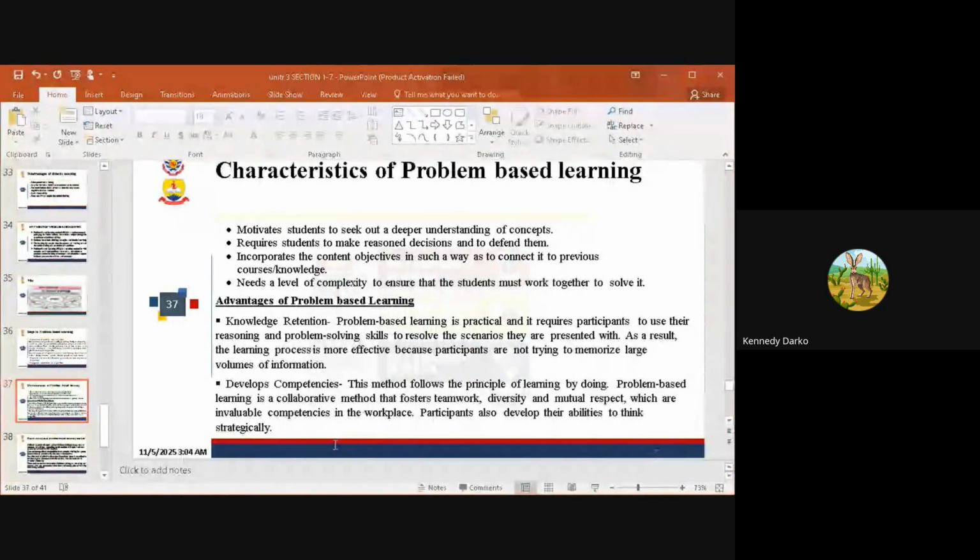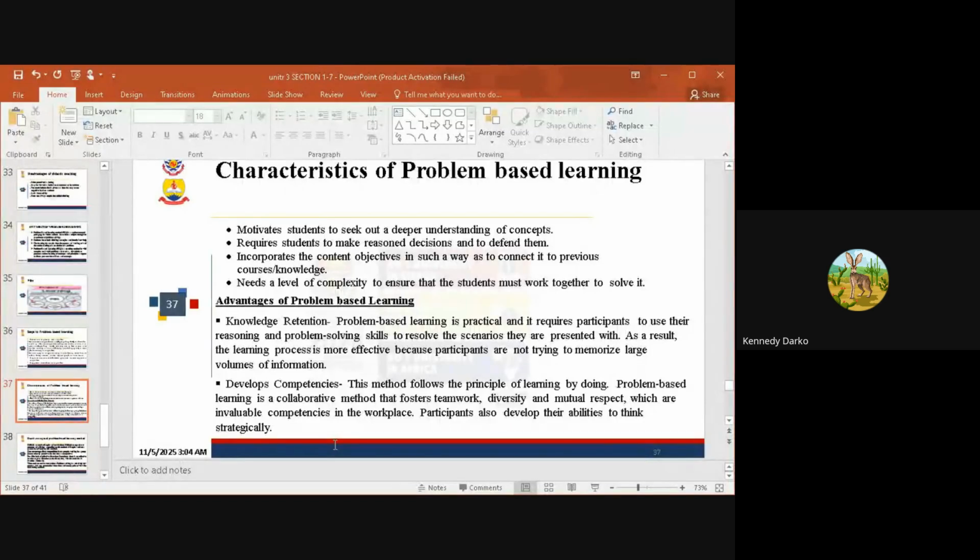Then we have: incorporate the content objectives in such a way as to connect them to previous courses or knowledge. So it's all about RPK. Whatever they have learned, they should go back and relate it.